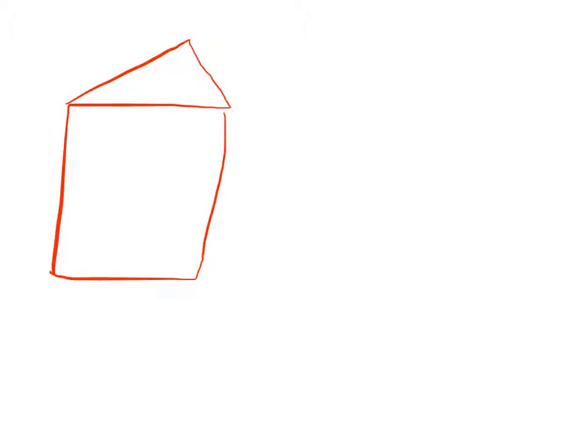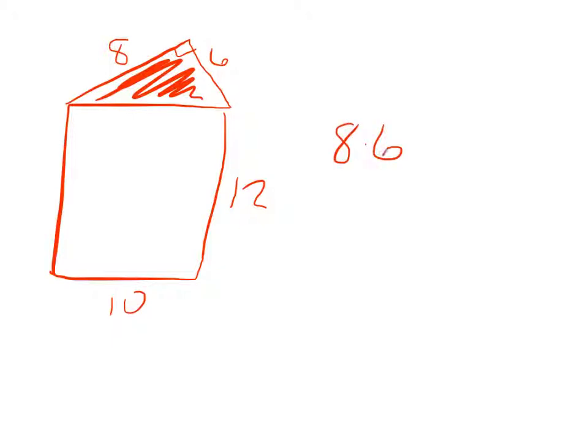So in example 1, we've got a triangle that looks like this. It goes down here, and it says this is 8, this is a square corner, and the height is 6. Over here this is 12, and this is 10. So first we want to find out the area just up here. That'll be 8 times 6 divided by 2.